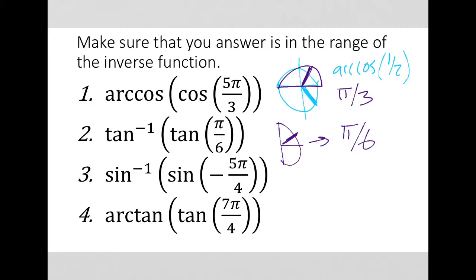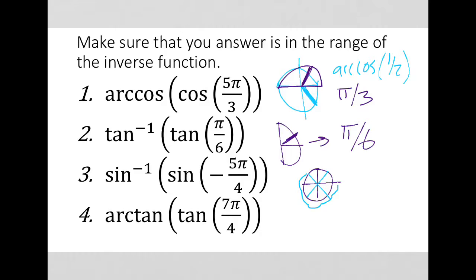Well, let's figure out where negative 5 pi over 4 is on the unit circle. And let's figure out then what is the equivalent angle that we need to be thinking of. Negative 5 pi over 4 says if you split this up into fourths like that, our little pi over 4 angles, which is really splitting the whole thing up into eighths, well, where do we end up if we go negative 5? So 1, 2, 3, 4.